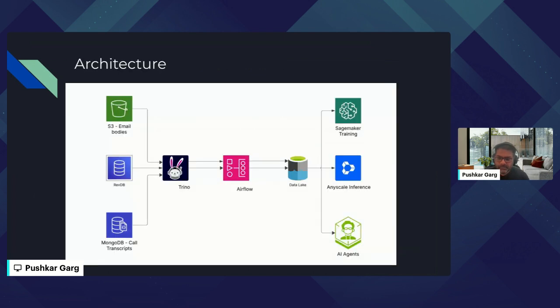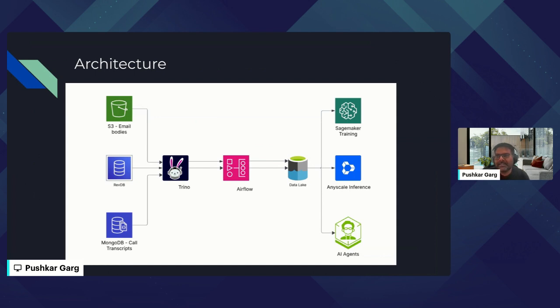So going through the high-level architecture of what we built, we deployed an instance of Trino on K8s locally, and we built connectors with S3, with RevDB, which is deployed in Postgres, and MongoDB. And then we use Airflow for orchestration of the ingestion pipelines and the dynamic creation of ingestion pipelines.